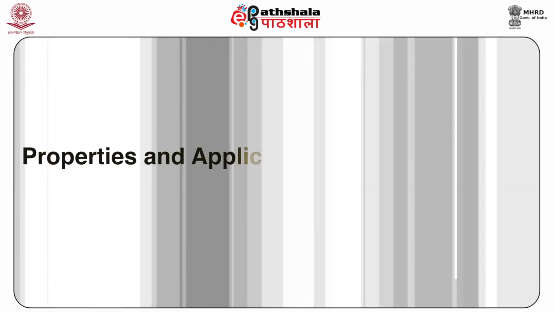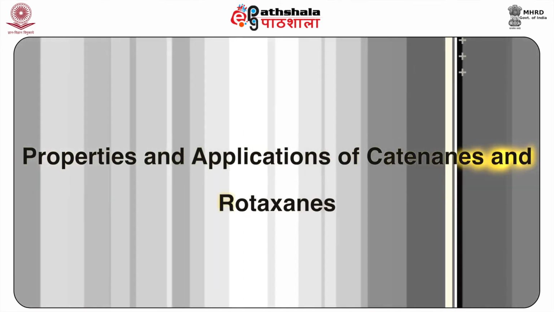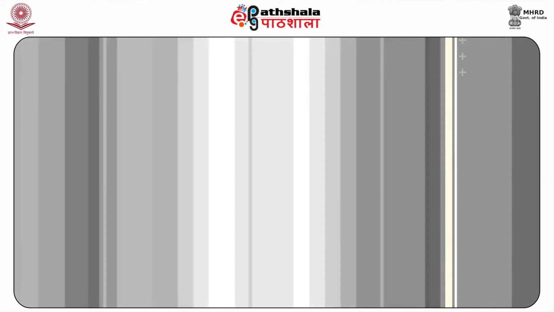Now after having looked at the stereochemistry of rotaxanes and catenanes, let us come on to the properties and applications of catenanes and rotaxanes. Now when I introduced this topic, students, I said that after the Nobel Prize was conferred upon the three scientists who have made major discoveries in supramolecular chemistry, this field actually rose very rapidly.